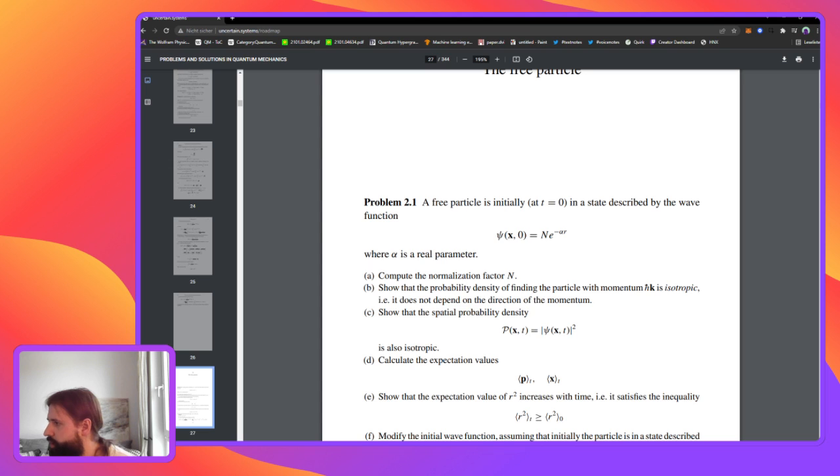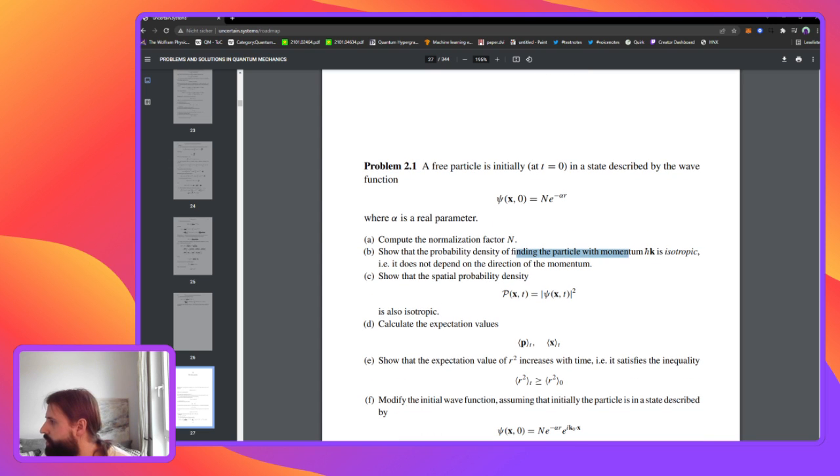How we solve B: show that the probability density of finding the particle with momentum p is isotropic. It does not depend on the direction of the momentum. Cool, so isotropism appears again, and we're talking about momentum, but we have something that is position based. Momentum and position are, as far as I know, non-commutable, which means that if you measure one, you can't measure the other.